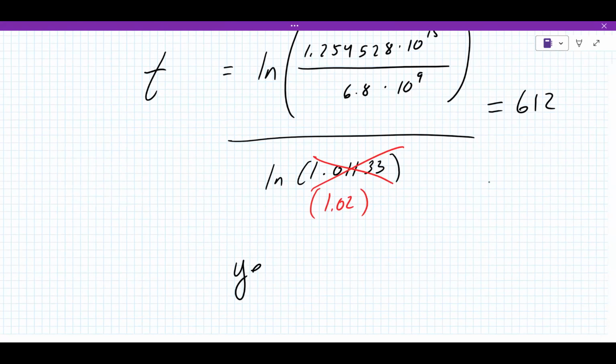Or you can say the year is 2009 plus 612 or 2621, which I will definitely not be around then. Maybe you got a head start, maybe you'll be around then. I don't think so, but, I mean, cryogenic freezing, I don't know.